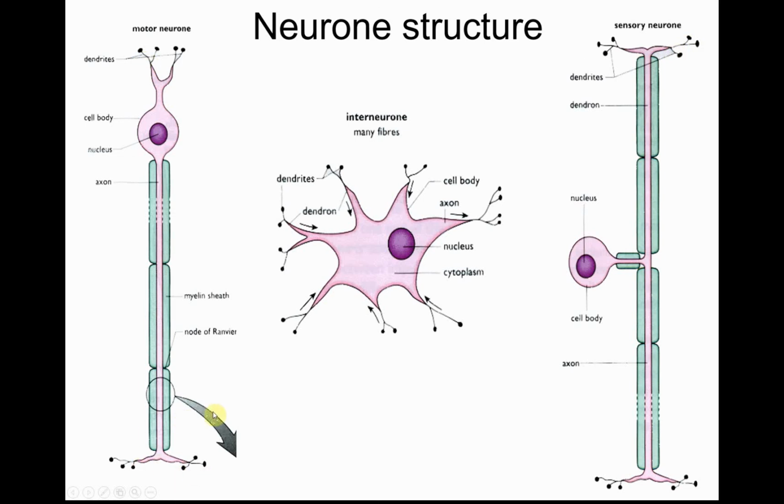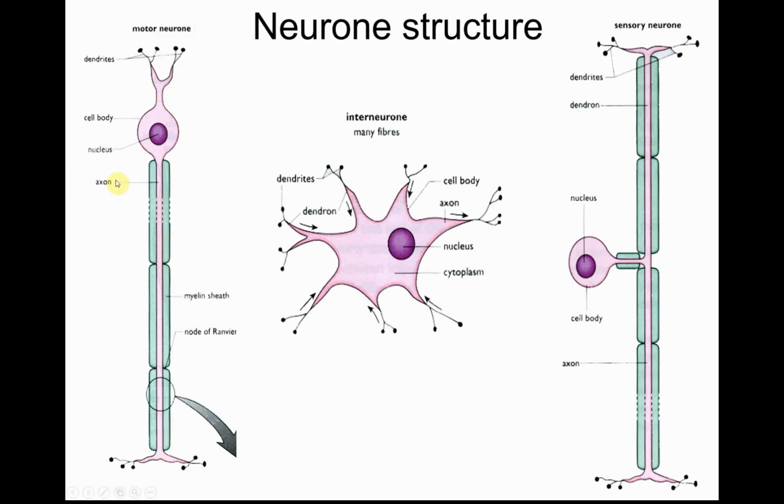So thinking about motor neurons, a motor neuron's function is to carry nerve impulses, which we're going to talk about as action potentials, because that's what they are, and they're propagated or travel along from where the cell body is, down the axon.